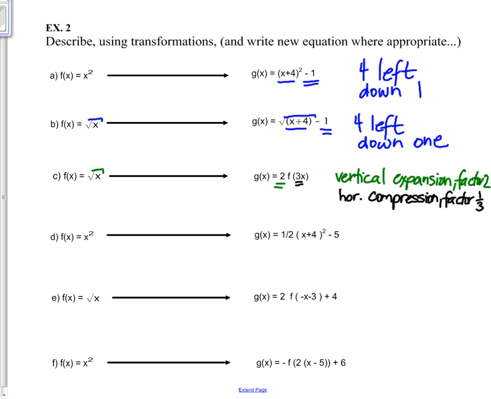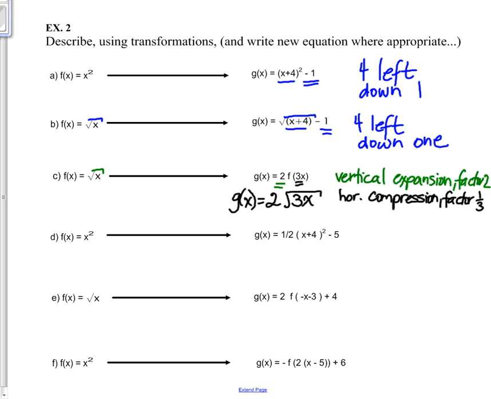A new equation where applicable would be g of x equals 2 times the function. My function is square root, and inside the function, I want to put 3x. There is my new function.